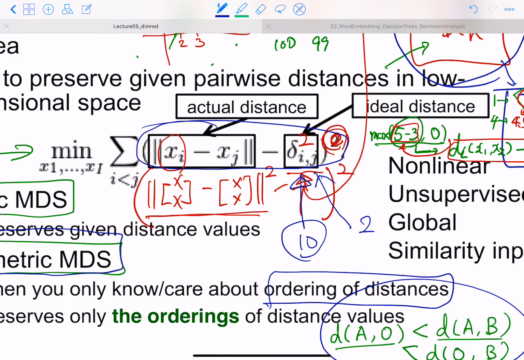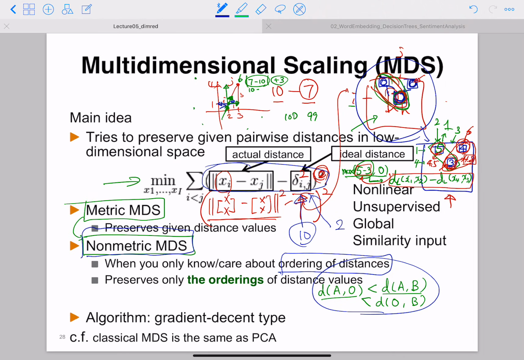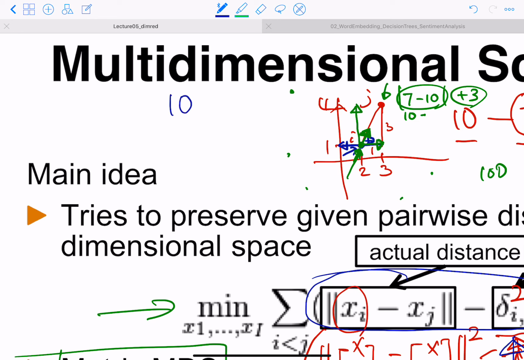So suppose our original distance was 10, and then this is D low, and this is D high, and suppose the original distance was 2, and then 2.4.